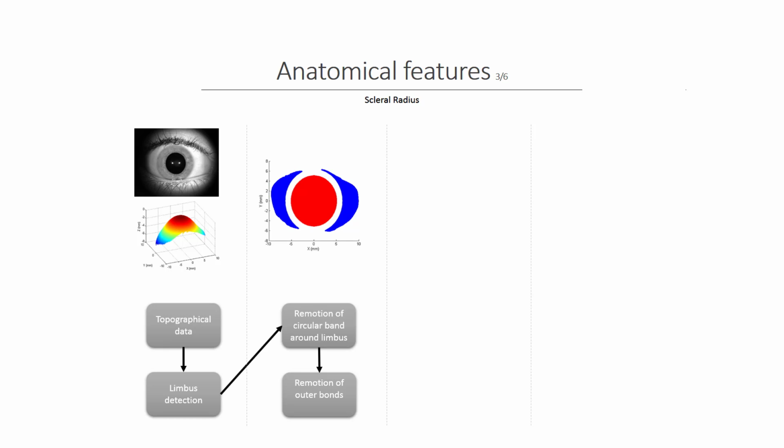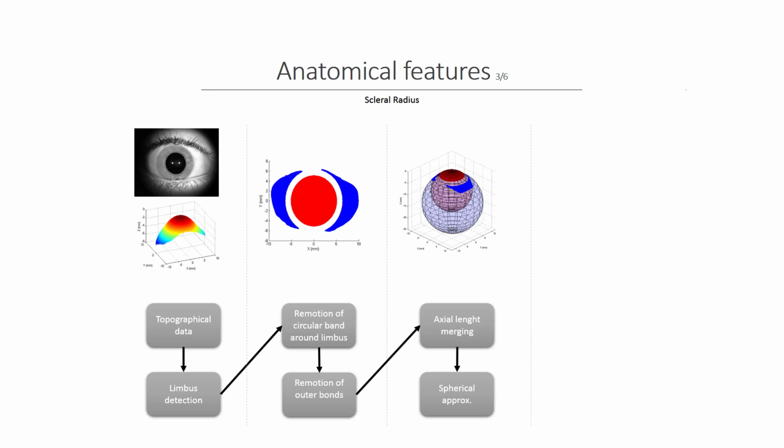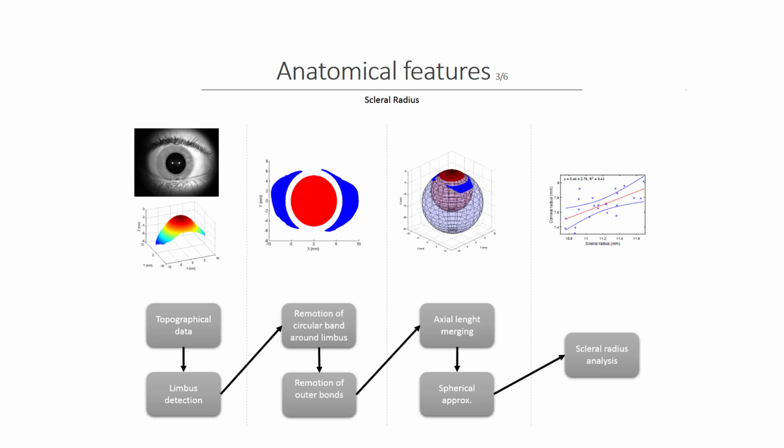In addition, we also removed the outer bands, since this information may not necessarily correspond to the scleral topography. Then, we added the position of the axial length to the model, acquired with the IOL Master. Finally, a spherical approximation based on least squares is done, allowing us to obtain the scleral radius.